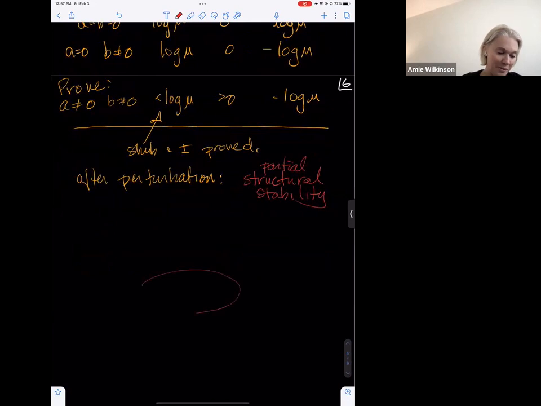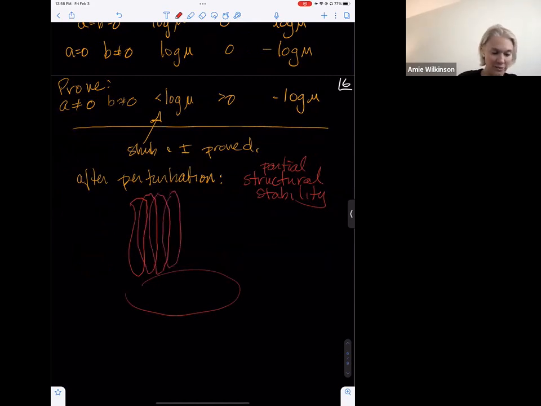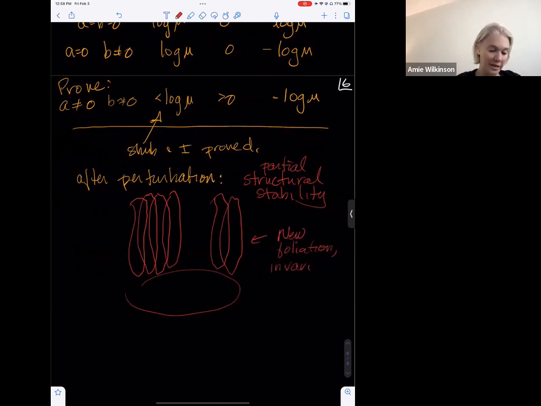But after perturbation, what happens is I have a new foliation, no longer by these straight circles, okay? But I still have a new foliation that's invariant by FAB, just like in the old case.